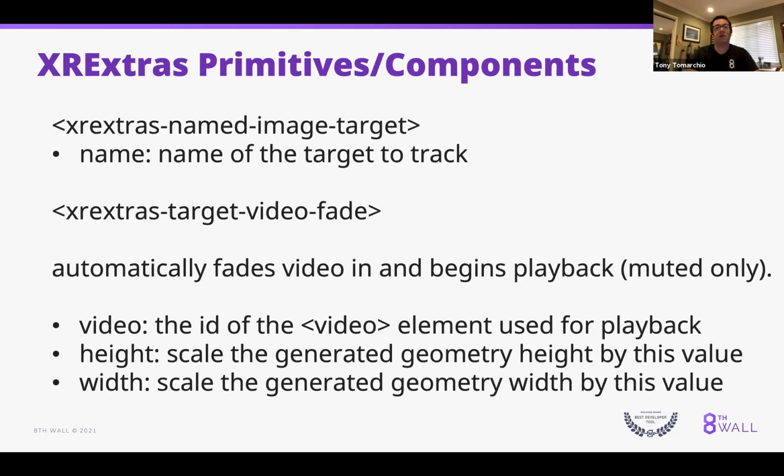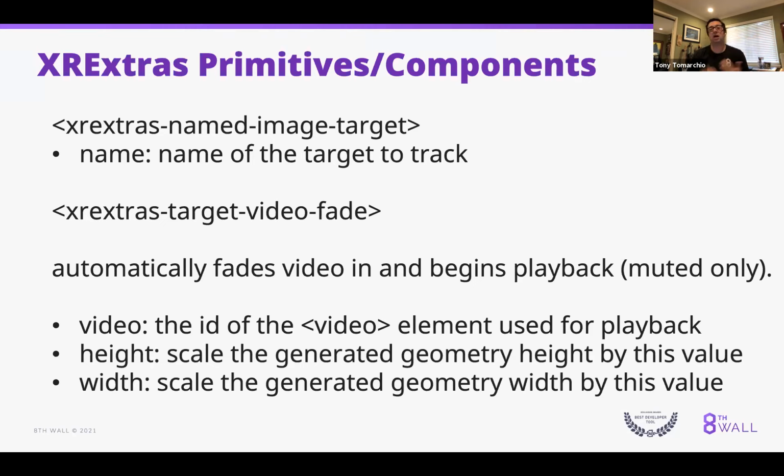So if it's called target 1, you would pass that same string as the name parameter. If it's called Tony poster, you would pass along that parameter. And we'll take a look at this in a minute, but this basically, at a high level, when the image target is found, it makes your entity visible, and it sets the position, rotation, and scale accordingly. When your image target is updated, it updates the position, rotation, and scale.